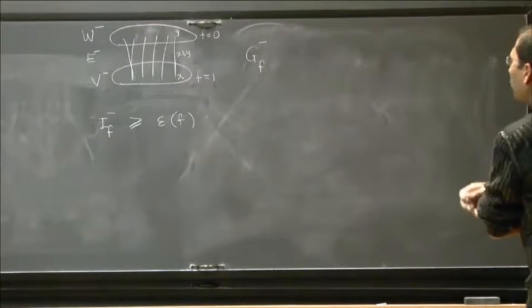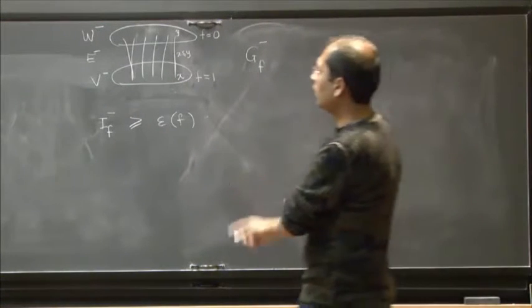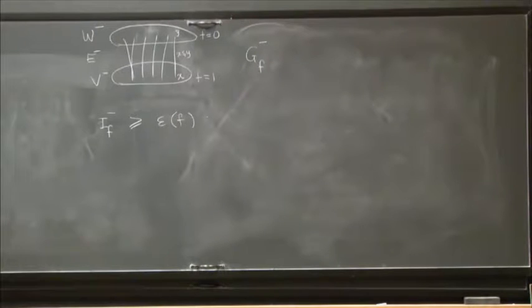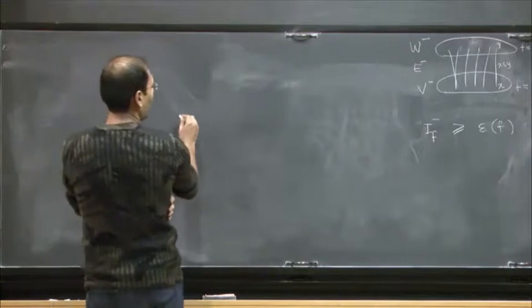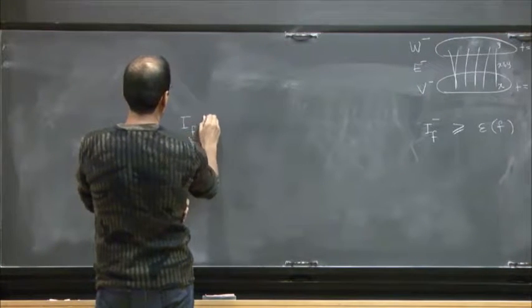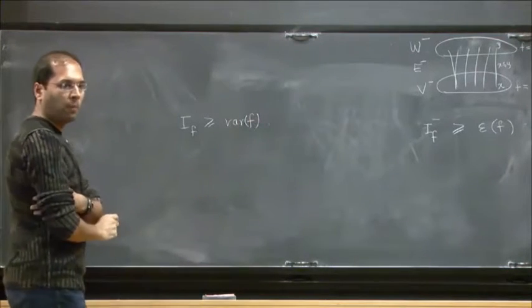Result. And what Chakrabarty and Seshadri, well, what they proposed is whatever this inequality is, we want to think of it as an analog of a standard Boolean isoperimetric inequality. So here is a standard Boolean isoperimetric inequality that the total influence is at least equal to the variance of the function.